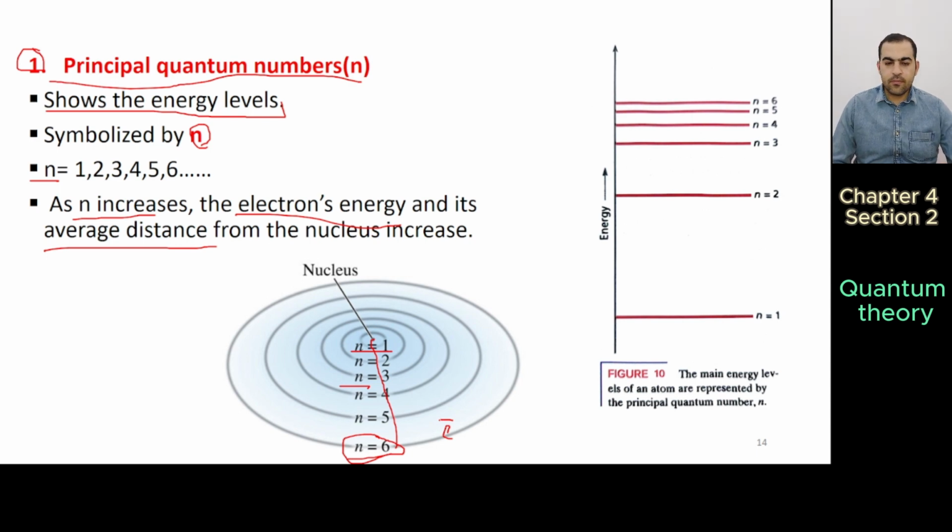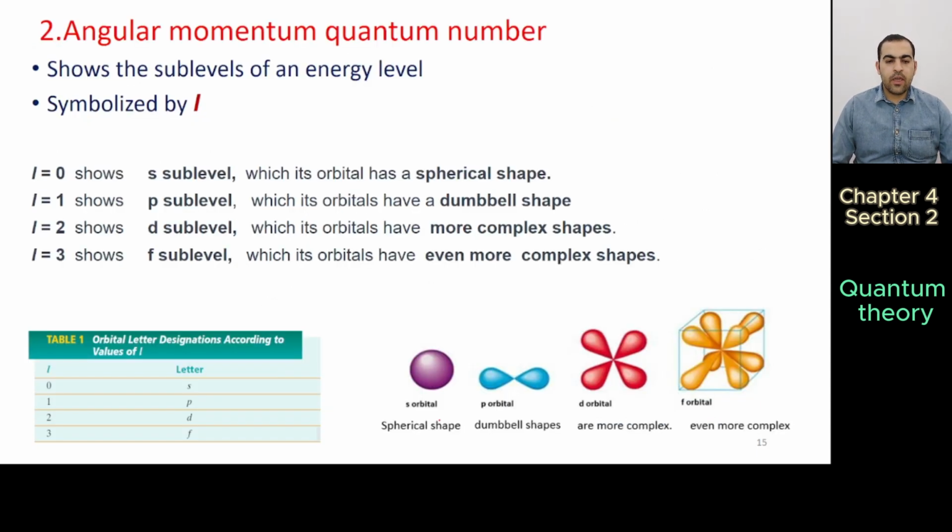Let's talk about the angular momentum quantum number. It shows sublevels. We know that we have s, p, d, f sublevels, so these quantum numbers describe these sublevels. They're symbolized by small l. l has 4 values.